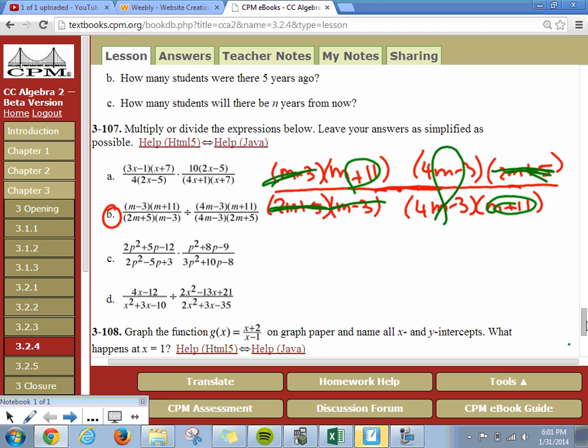So that'll go away. We got m plus 11, m plus 11, 2m plus 5, 2m plus 5, m minus 3, m minus 3. Everything cancels out, and so really when we're canceling, we're just making ones. And so for part B, our answer should be the number 1. Hooray!